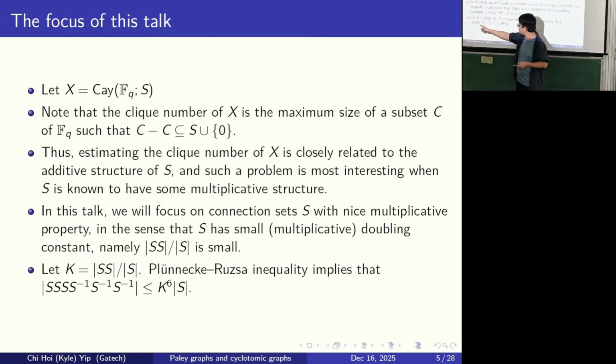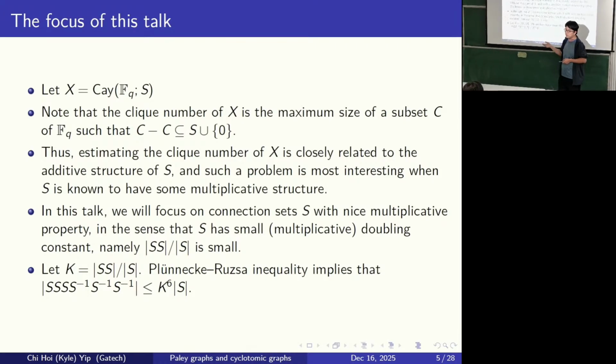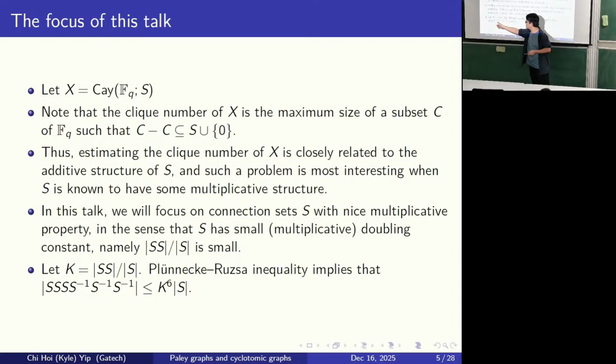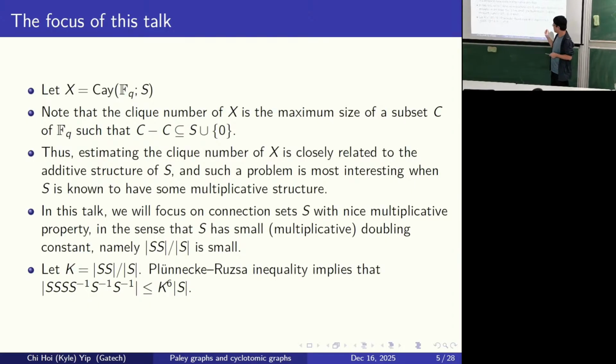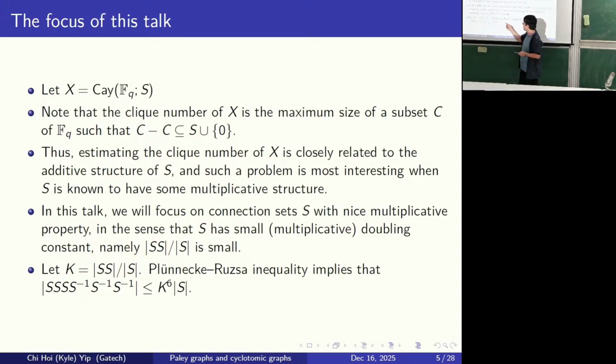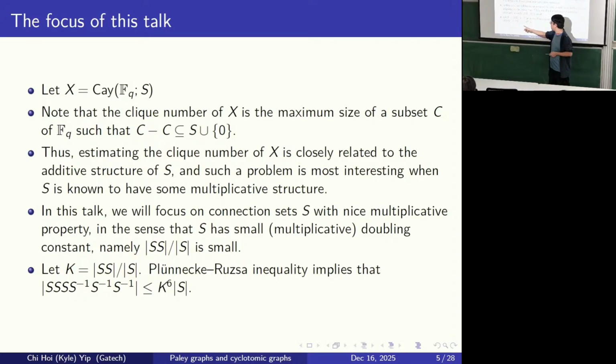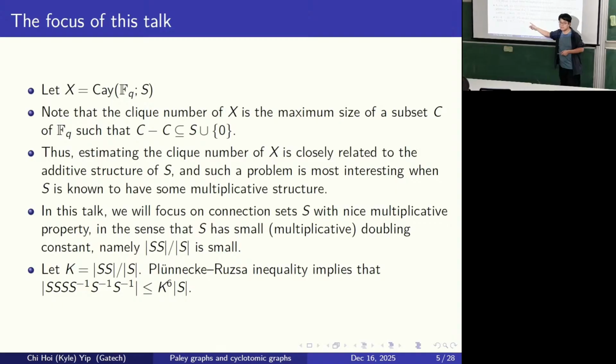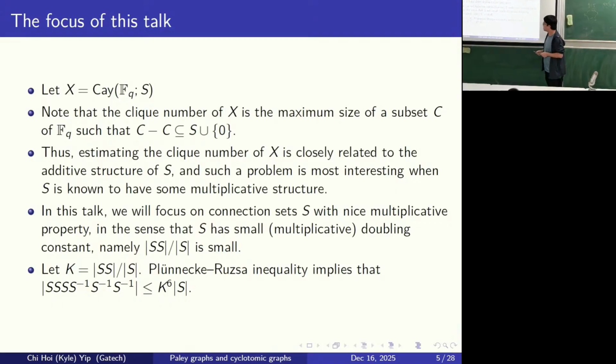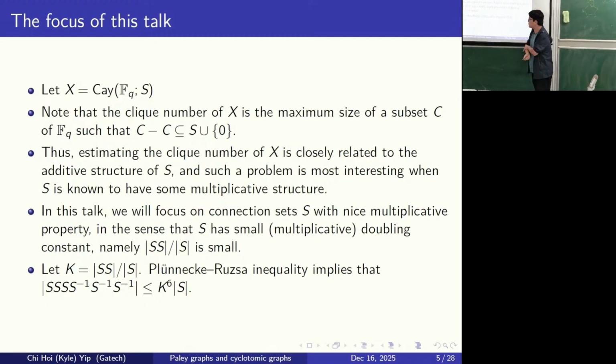Essentially, it's just a kind of iterated product set and also a ratio set. S inverse just means all the x inverse where x is in S. If we have some control on the doubling constant, we can bound this by K to the power 6 times S. So doubling constant provides an effective way to measure the multiplicity structure of a set S.